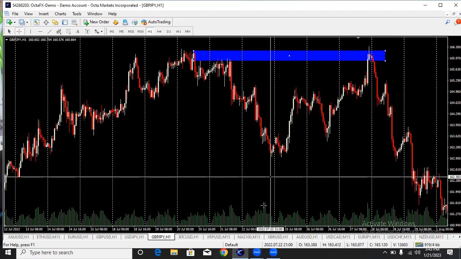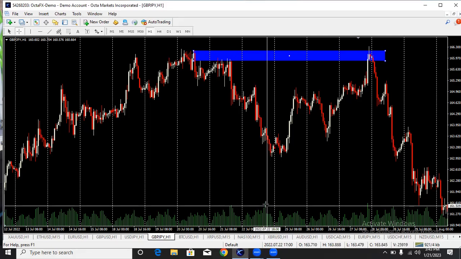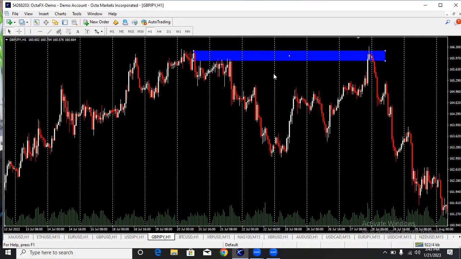This candle over here, this volume over here, this long volume. Let me annotate it so you can see.